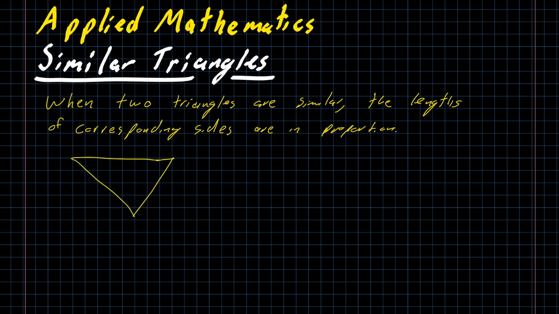All right. Here I have triangle ABC. And here I have triangle XYZ.